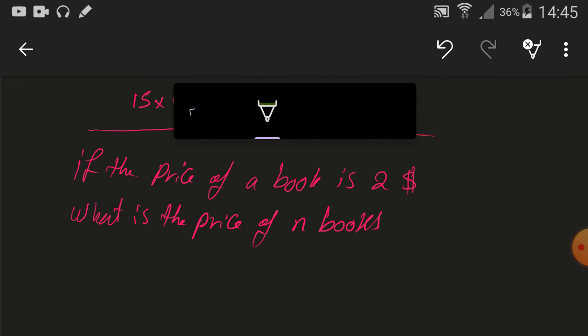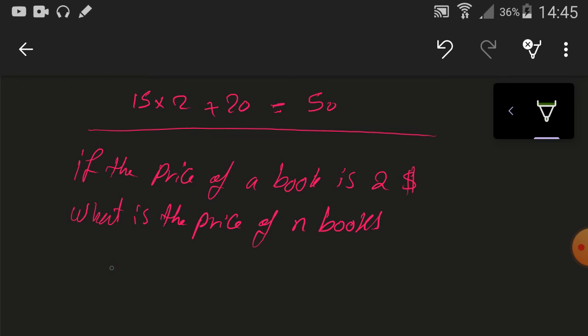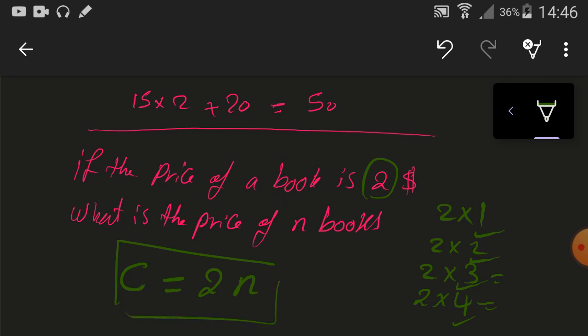I'm sure you are right that the total cost will be the price of one book, which is 2, multiplied by any number of books. So if we bought 1, it will be 2 multiplied by 1. If we bought 2 books, it will be 2 multiplied by 2. If we bought 3 books, we multiply 2 by 3. If we bought 4 books, we multiply 2 by 4 to get the price of 4 books. So we multiply 2 by the number of books. So this is your answer.